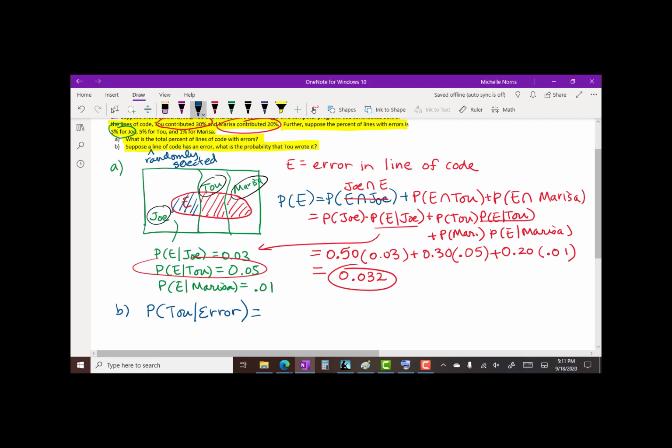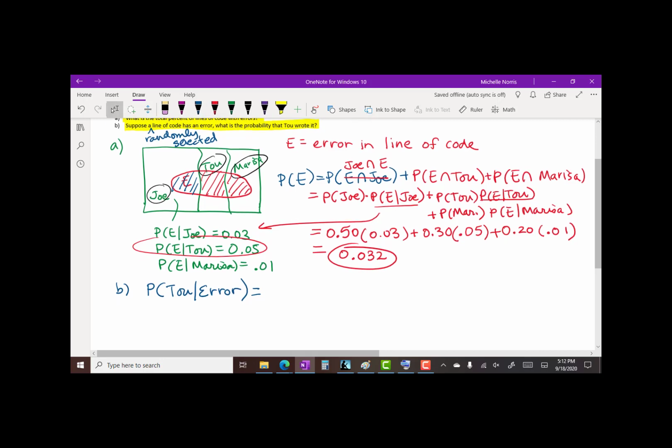So a randomly selected line of code has an error. What's the probability that 2 wrote it? The probability that 2 wrote it, given that it has an error, is the probability that 2 wrote it and it has an error, divided by the probability that the line of code has an error. We already figured out the probability the line of code has an error in the last part, so I can just plug the 0.032 into the denominator.